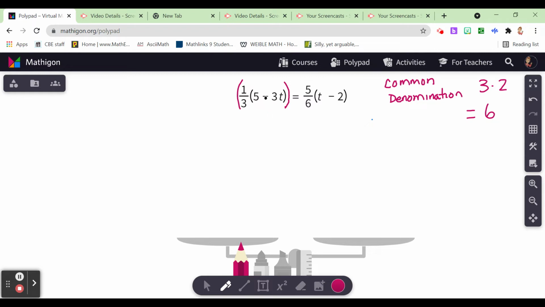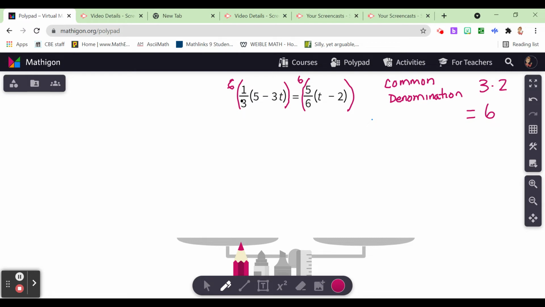So because these are held by multiplication, they are one term. So I can just go ahead and multiply one side by 6, and then the same is happening here. This whole side is held together by multiplication, so it is considered one term. So I can go ahead and multiply this also by 6.